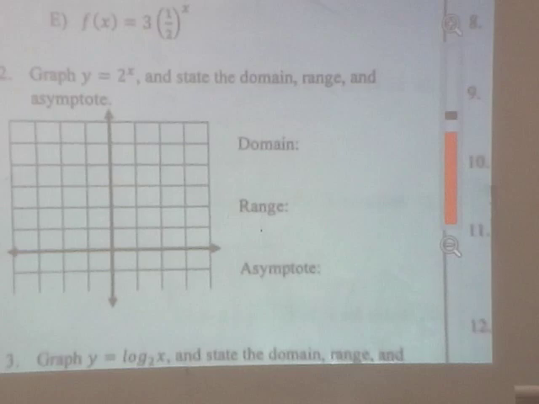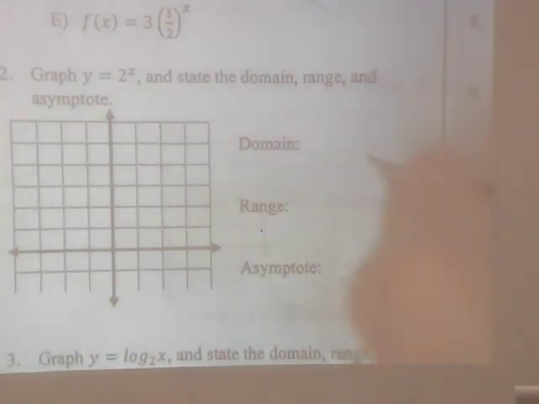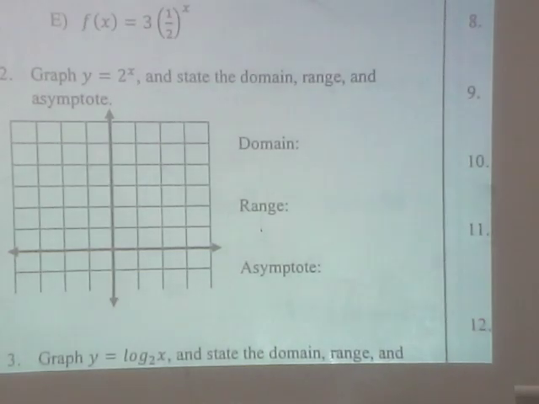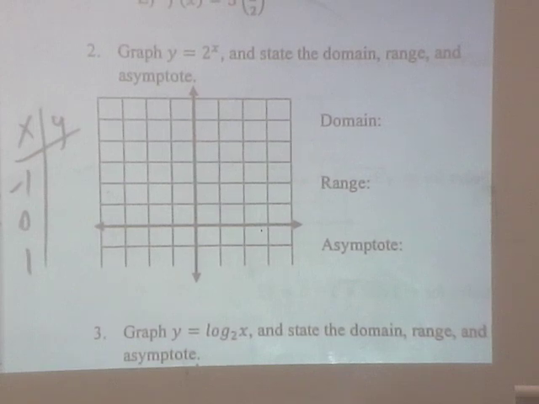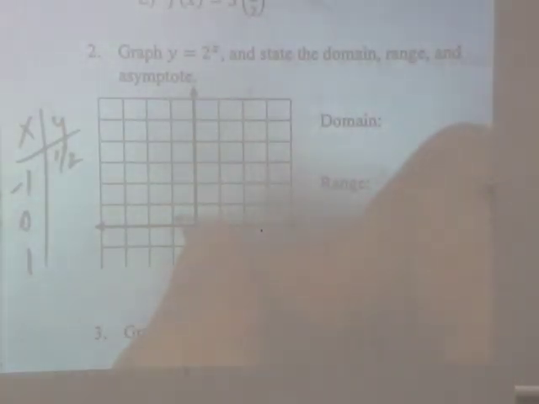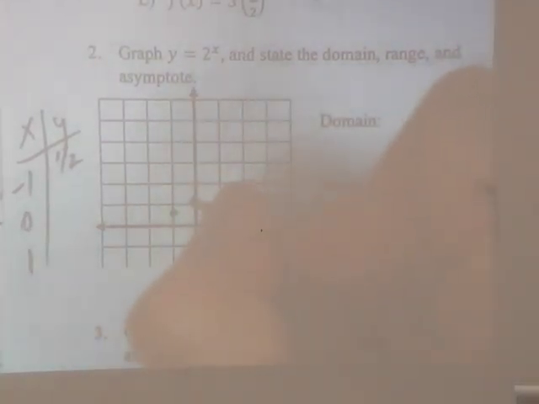All right, number 2. Once you graph this exponential growth equation, y equals 2 to the x power, state the domain and range. So let's do some points. What's 2 to the negative 1 power? 1/2, very good. 2 to the 0 power? 1. 2 to the first power? 2.